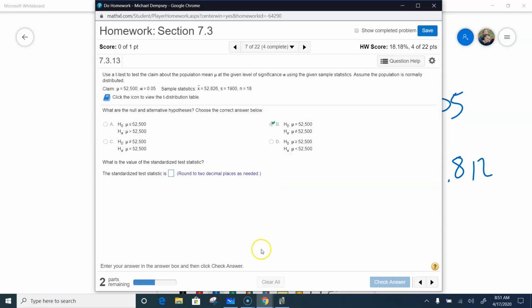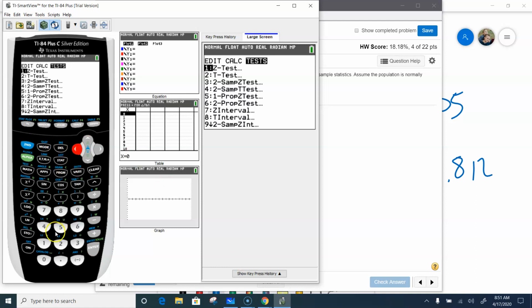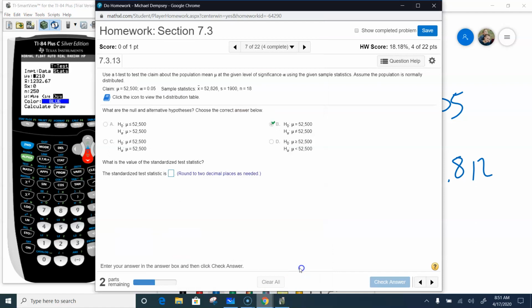What's the value of the standardized test statistic? I'm going to let my calculator do this for me. We go to stat, we go to test like we've been doing for a while, and now this is a t-test. This is really what we would always do for means. We do not have the data. We have the statistics that they're giving us here. They give us a sample statistic of 52,826.